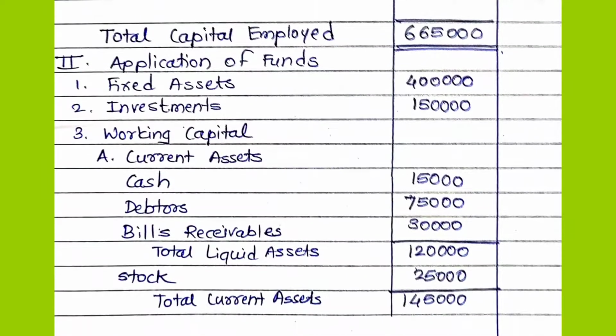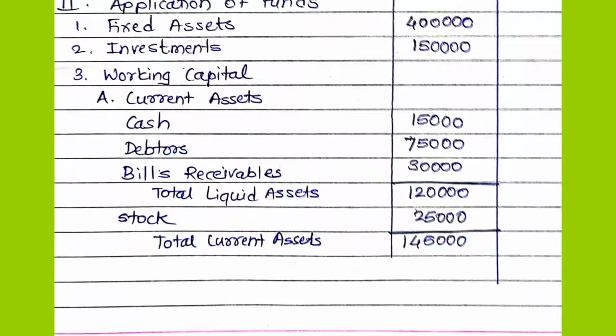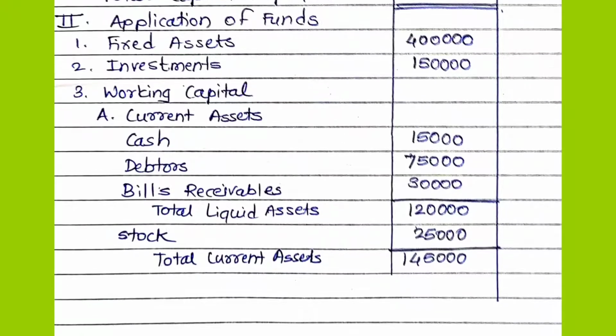So in current assets, first of all we will write the liquid assets which can be converted easily into cash or are readily available for monetary transactions. So cash is 15,000, debtors are 75,000, bills receivable are 30,000. It is making total liquid assets 1,20,000.